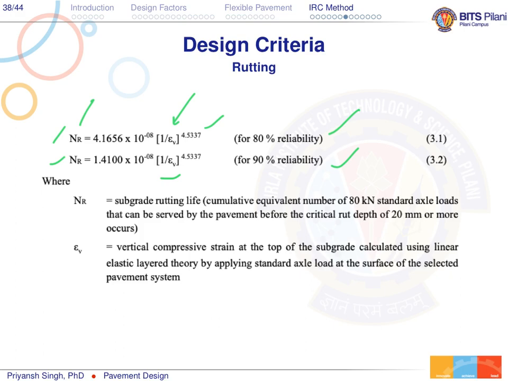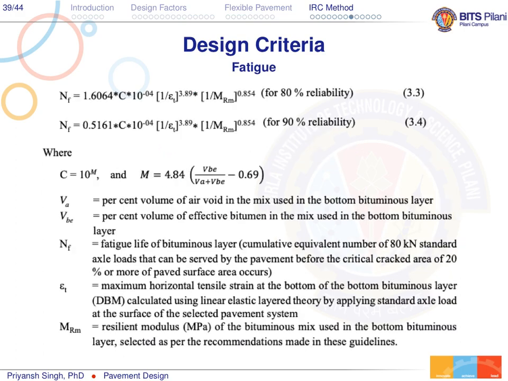Similarly, we have design criteria for fatigue as well. Let's see that also. These are the two equations to estimate the number of passes that can be served without failure in fatigue. In this expression, this ET is the tensile strain you have estimated by using the IIT PAVE software.